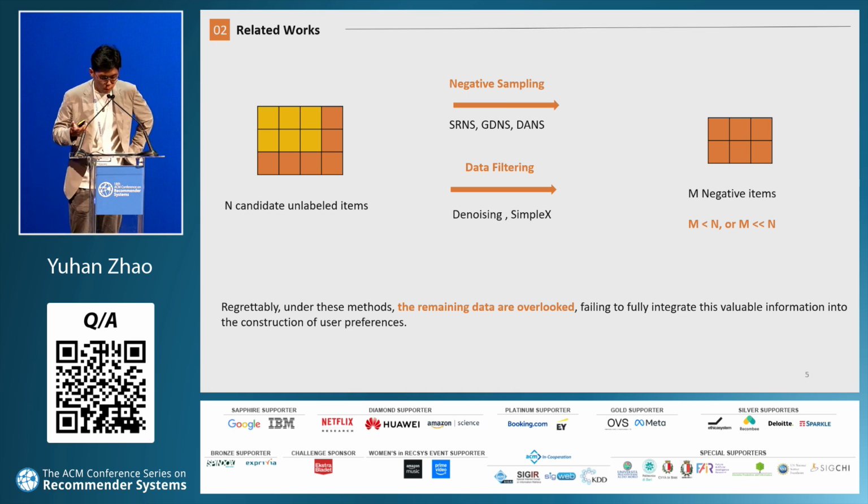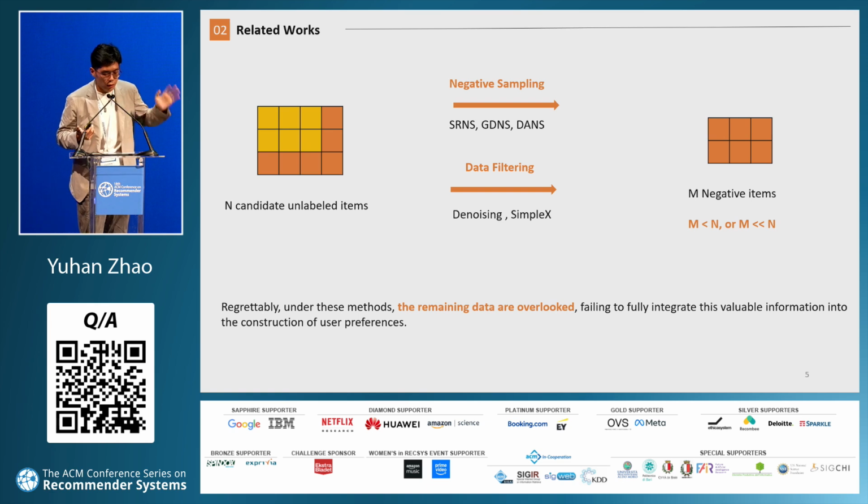And the mainstream idea is to select M negative items from N candidate unlabeled items using negative sampling or data filtering methods. However, under these methods, the remaining data are overlooked. You can see this picture. In the left one, we have 12 different items.